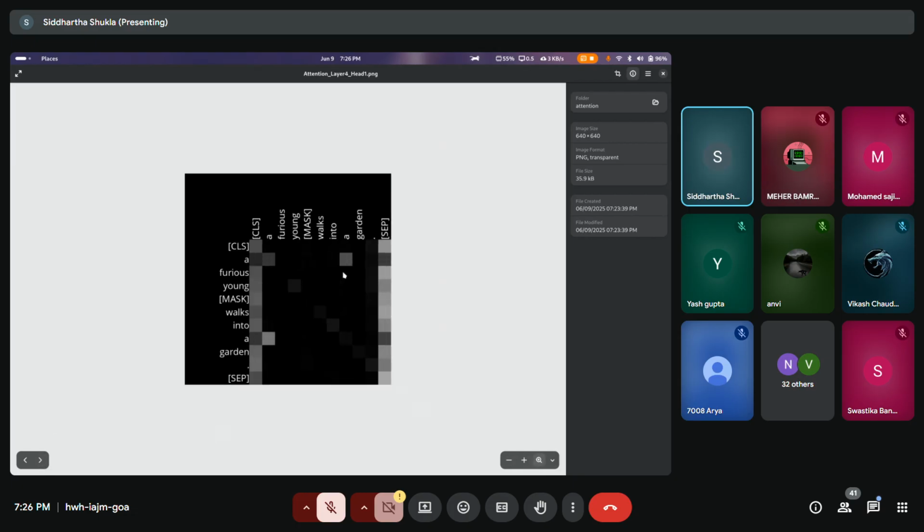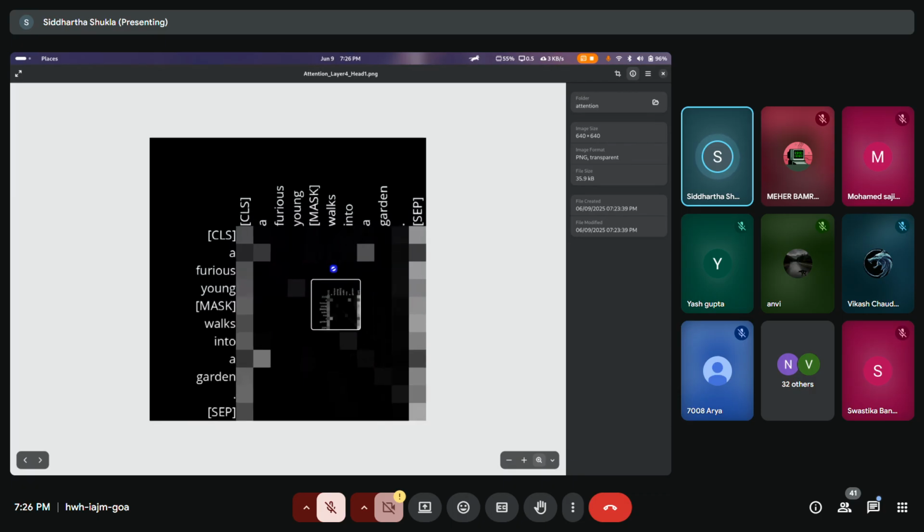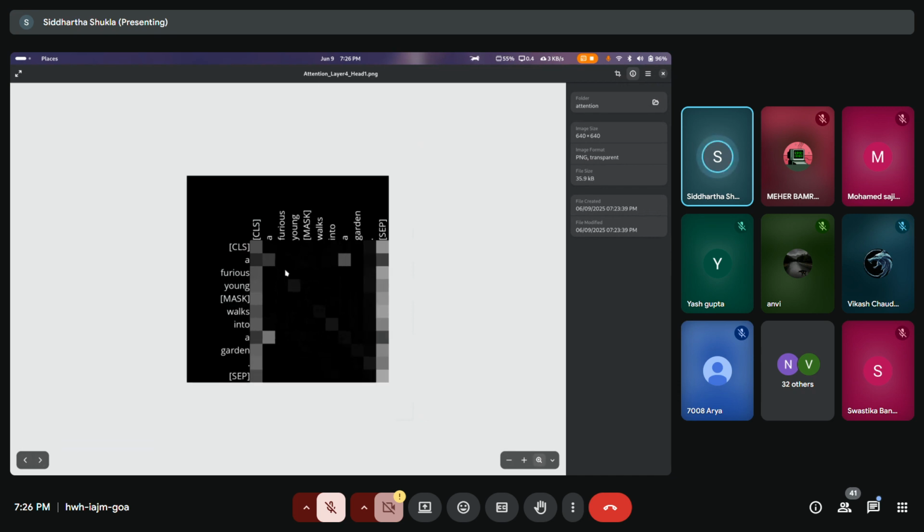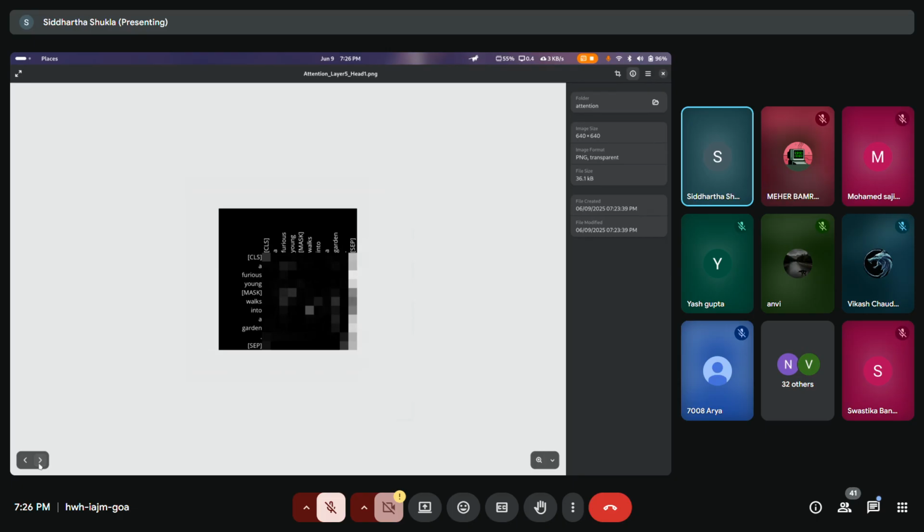And now the attention layer knows what it needs to know, and it's going to proceed in a similar manner. Now you're just going to see all of these tokens attending to the classification and SEP tokens in order to compute what the masked word might be.